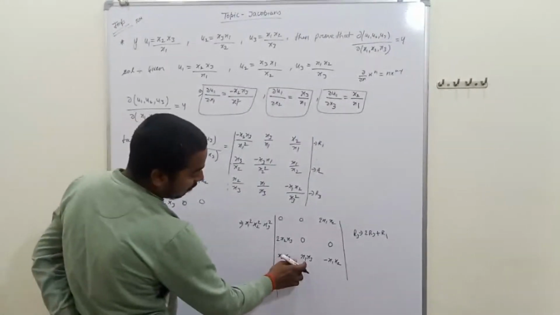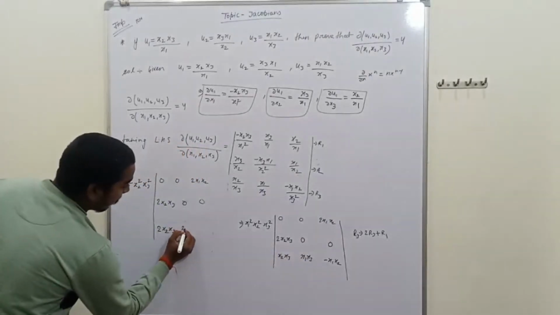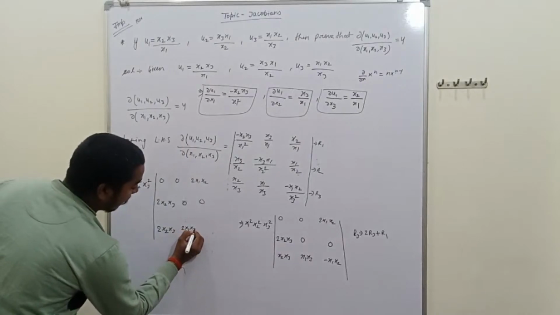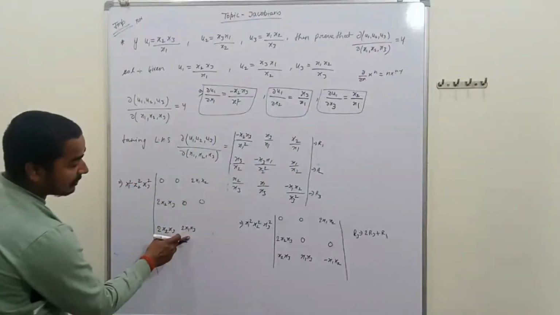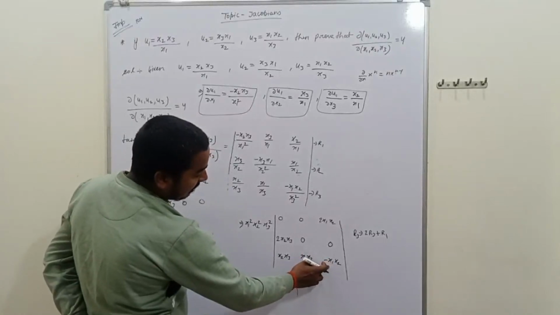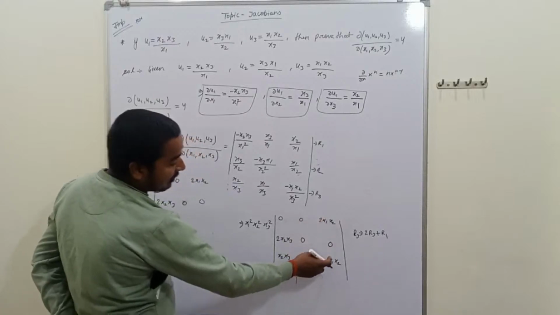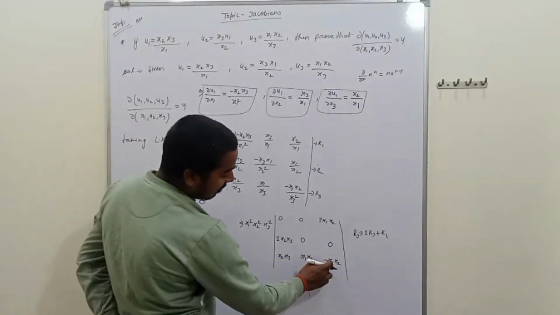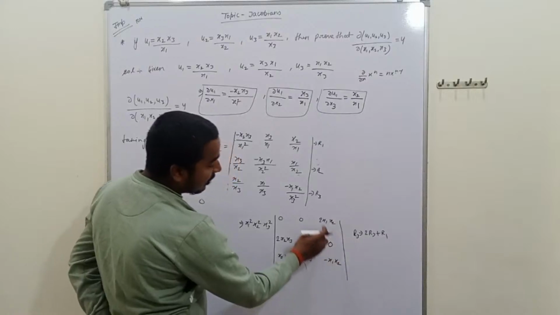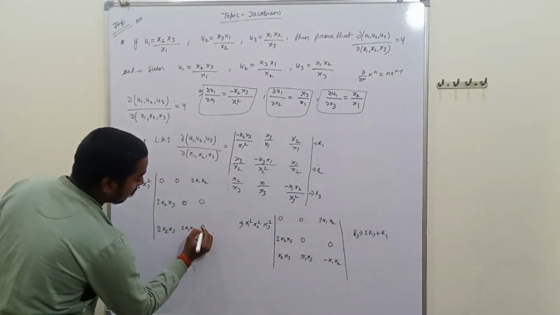Further, 2 times r3, that is 2 x1 x3, plus 0, nothing to change. And for this, r3 is minus 2 times x1 x2 plus 2 times x1 x2, that is 0.